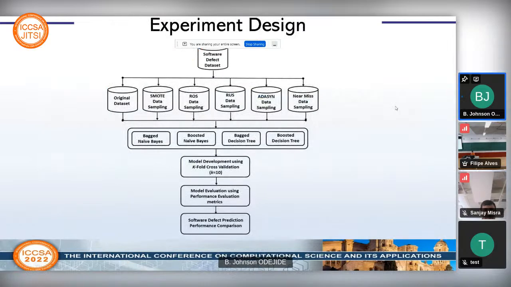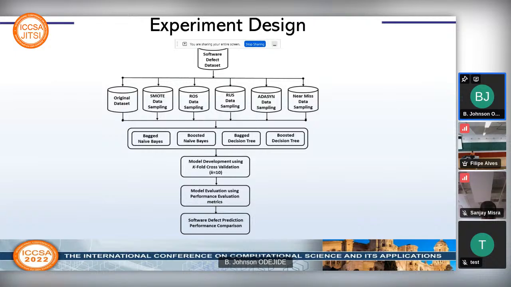So this is the experiment design. For the software defect dataset, we used the original dataset as is. Then we also sampled the dataset. We rebalanced the dataset using SMOTE, ROS, RUS, ADASYN, and near miss.